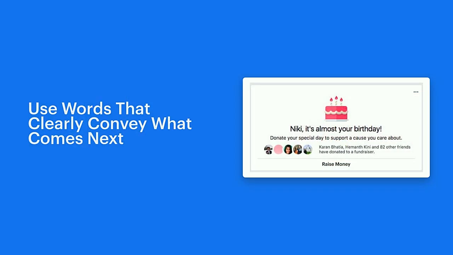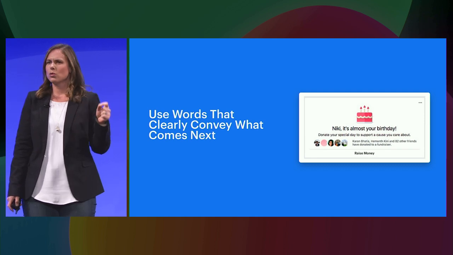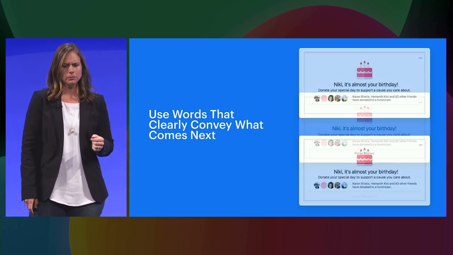Raise money was a term that we thought was straightforward because people use it internally and externally. And we wanted people before their birthday to ensure that they were sharing this with their friends so they could raise as much as they possibly could. And we decided to just test this, do one test. We didn't think much of it. We tested a bunch of variants.